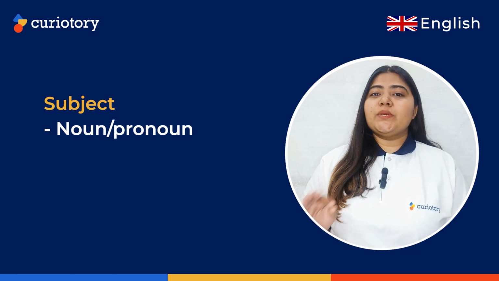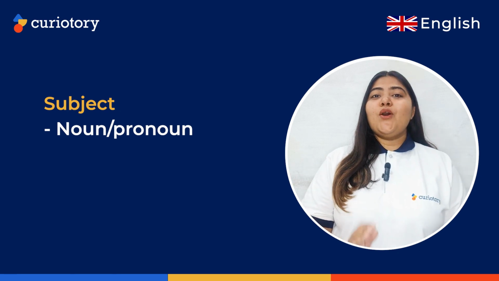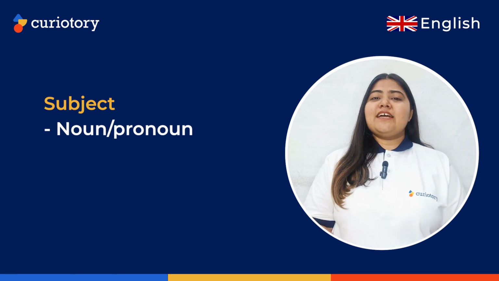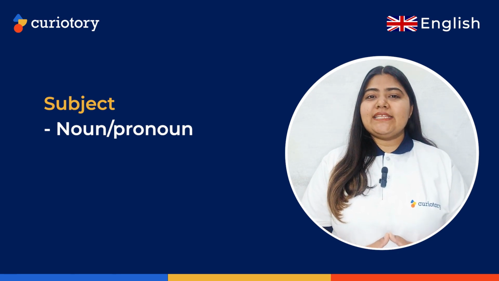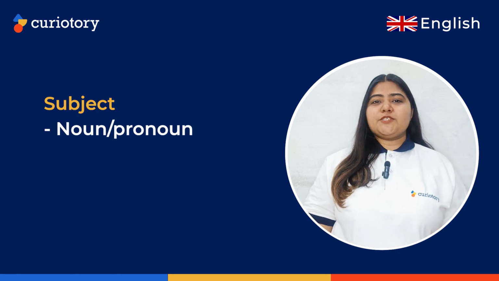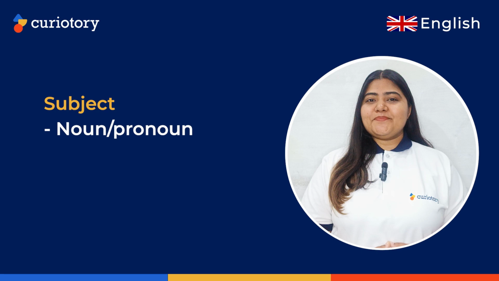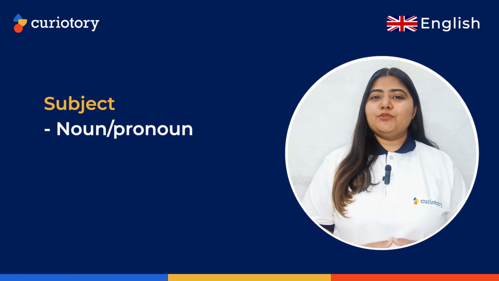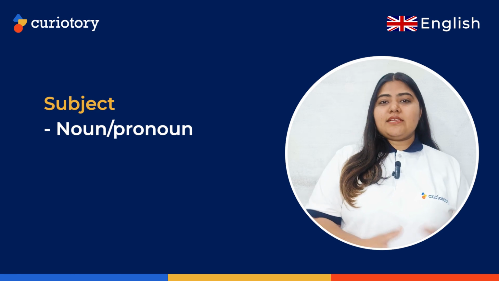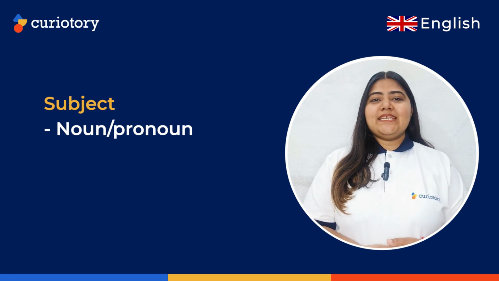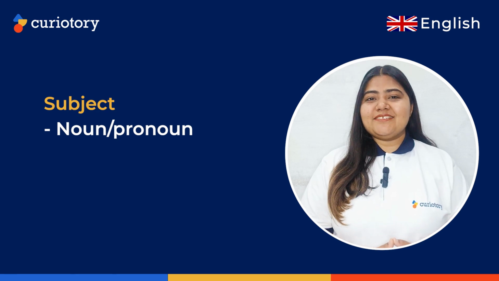A subject will either be a noun or a pronoun and nothing else. Now you know what a noun is and what a pronoun is, so you'll be able to identify the subject now, right? But it's not the only thing we have to think about. It's not that if this is a noun or a pronoun, then this is my subject. No, dear, it is more than that.